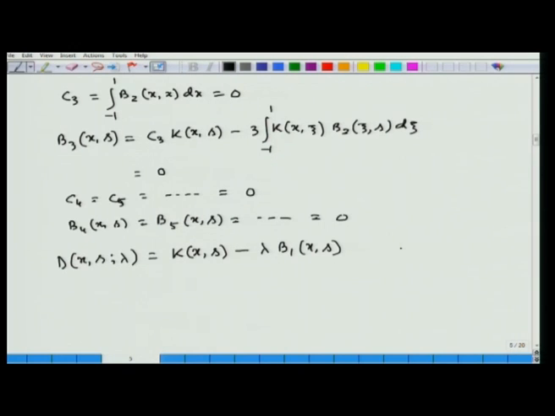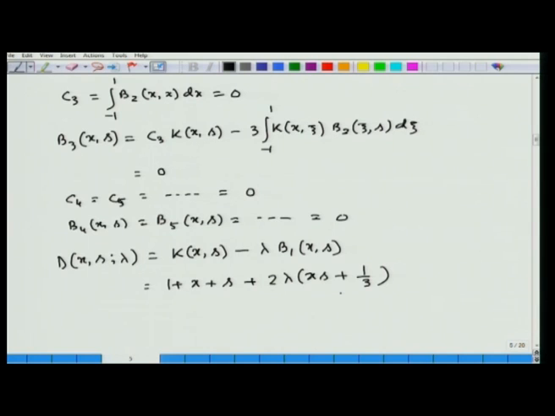So, none of the terms will come here, and ultimately you will find D(x, s; λ) is equal to 1 + x + s + 2λ(xs + 1/3).